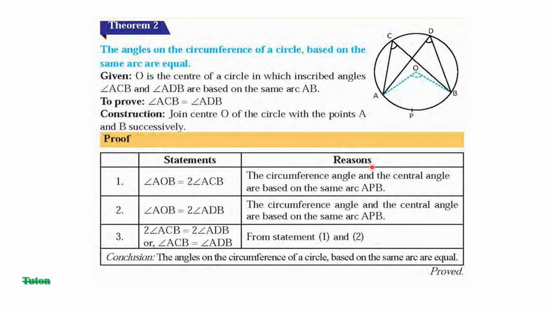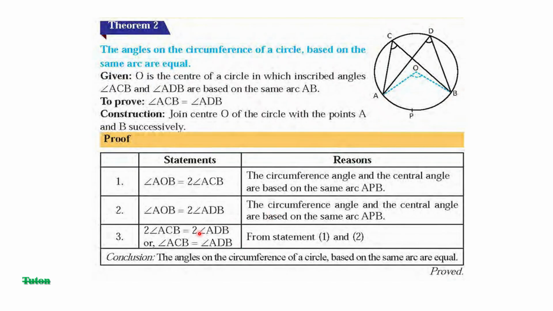So similarly we can write angle AOB is twice of ACB, which is suggested by theorem 1, and this is statement 1. And similarly we can write statement 2 as angle AOB is equal to twice of angle ADB, which is also based on theorem 1, that the circumferential angle or the inscribed angle is half of the central angle.